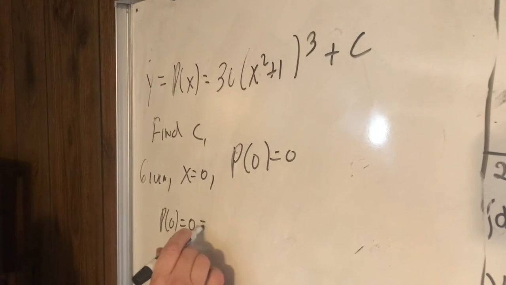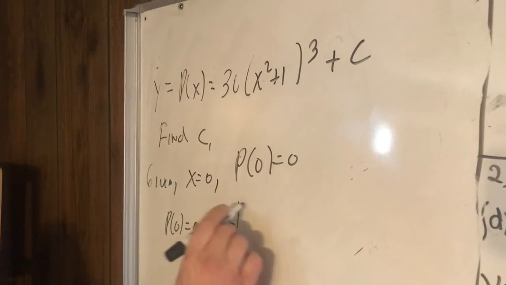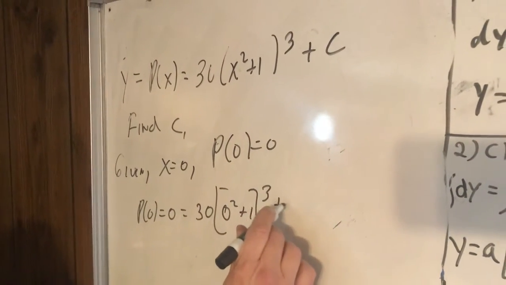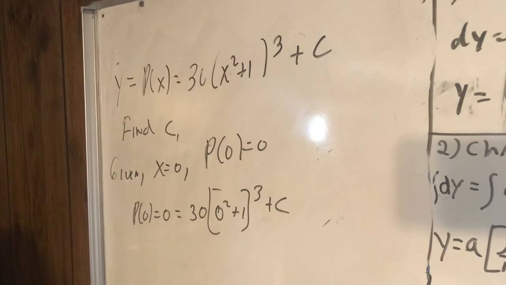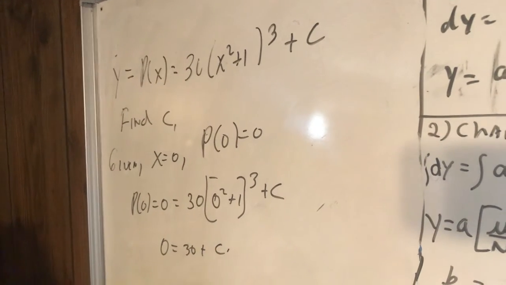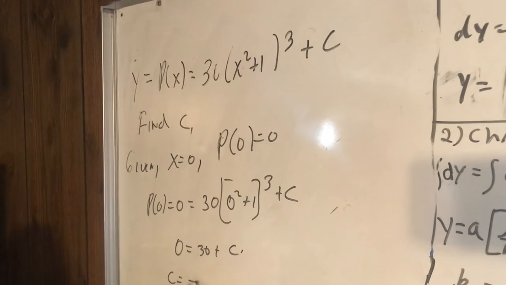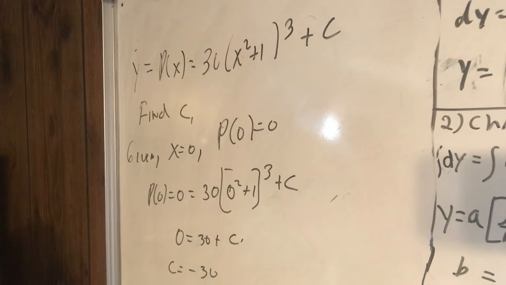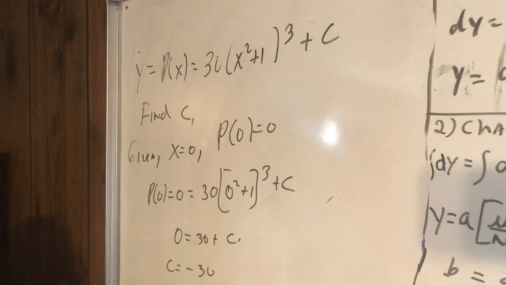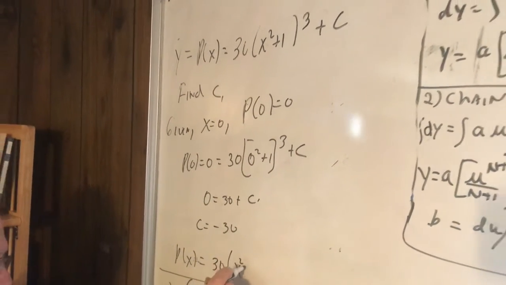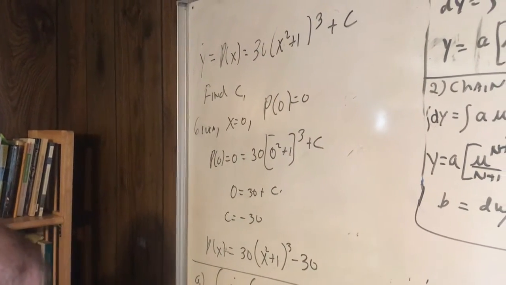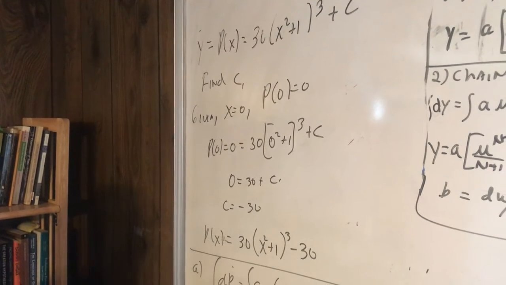P of 0 equals 0 equals 30 times (0 squared plus 1) to the third plus c. So 1 to the third is still 1, so 0 equals 30 plus c. Well, c is going to equal 0 minus 30. So now I can substitute for P of x. The complete solution becomes 30 times (x squared plus 1) to the third minus 30. All right, so that's part A.